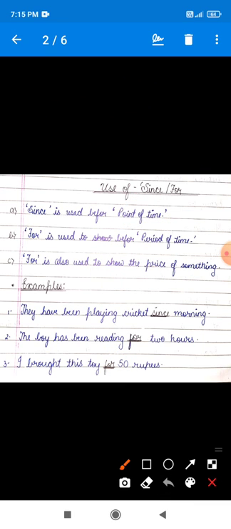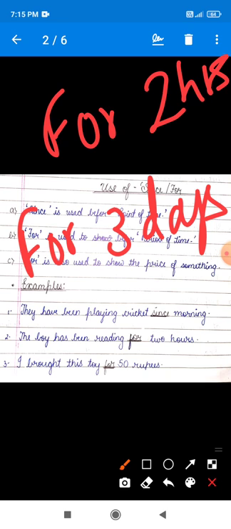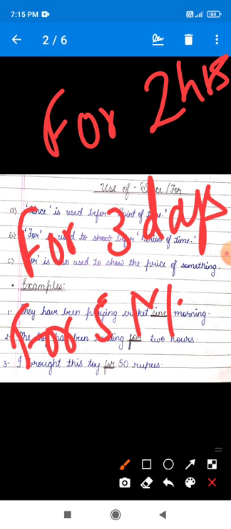Now see the second point. For is used before a period of time. Is that clear, student? We use for before the period of time, like for 2 hours, for 3 days, for 5 months.